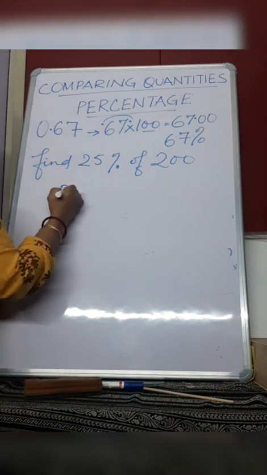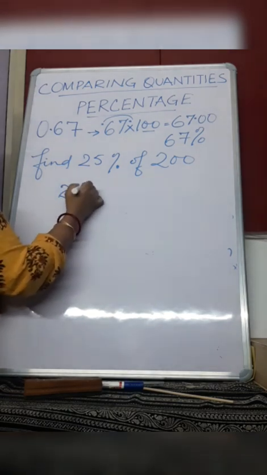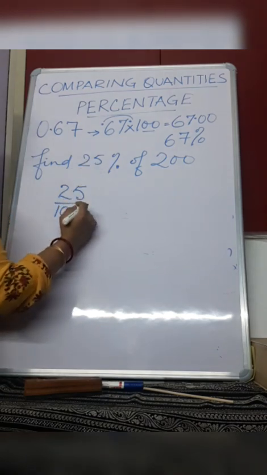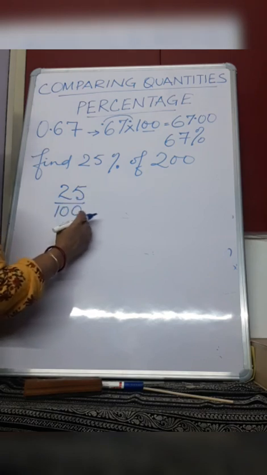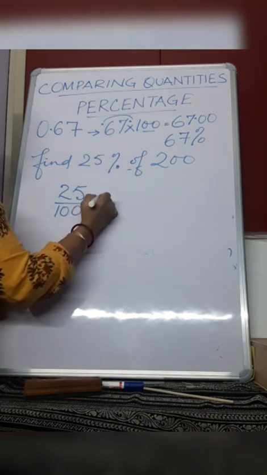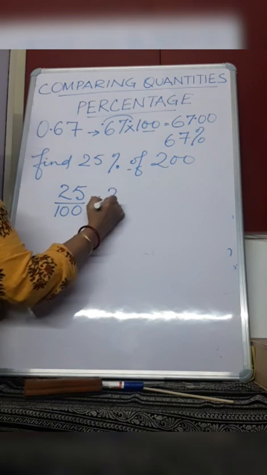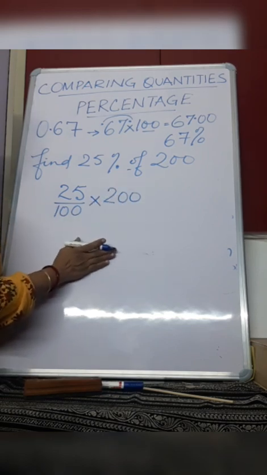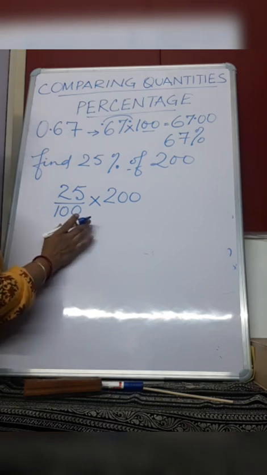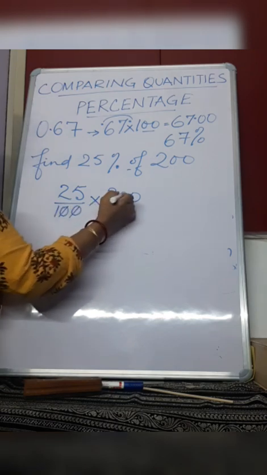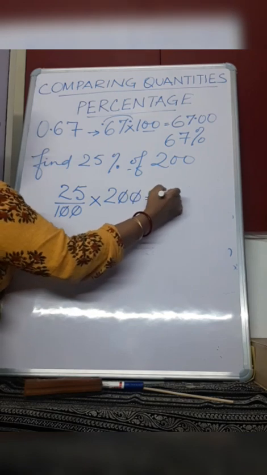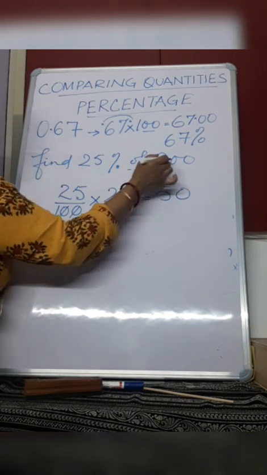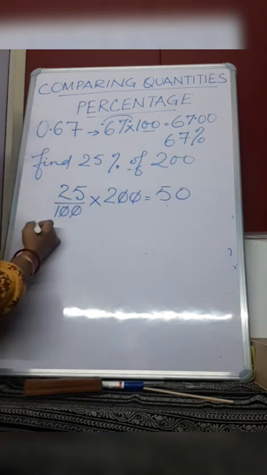We will write 25%, that means 25 out of 100 or 25 hundredths, of means multiply, of 200. Now this is simply the multiplication of fraction. We can easily do the cancellation and find out that 25% of 200 is 50.